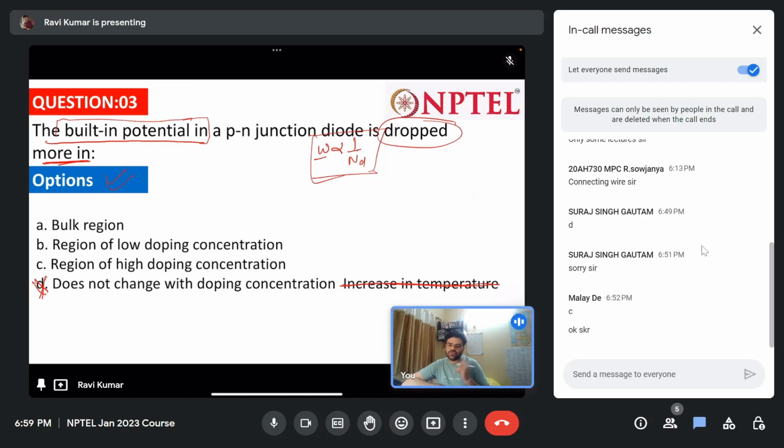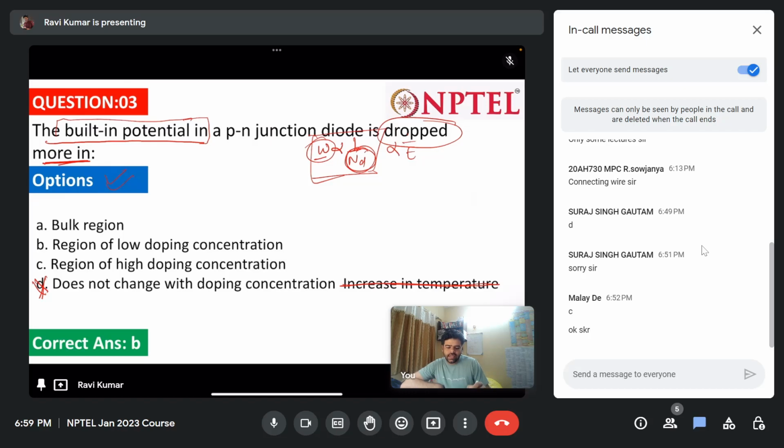Okay, let me ask you one question. If doping is more, width will be? Decrease, sir. If doping is more, then if more number of charge carriers are there, then the electric field will decrease or increase? Increase, sir. Yes, sir.